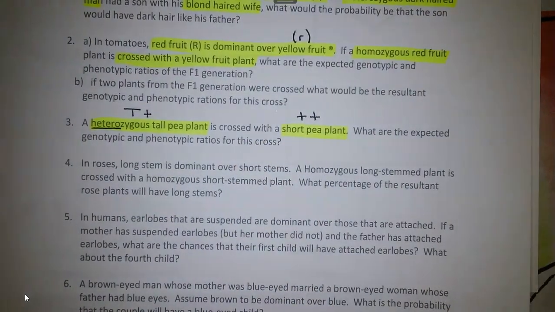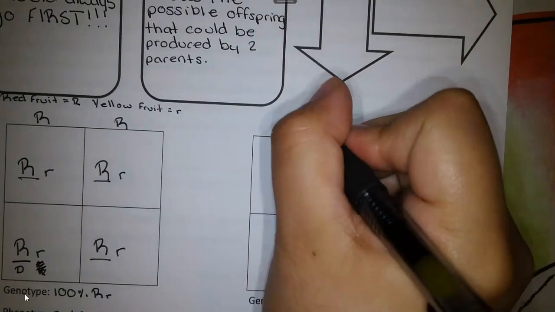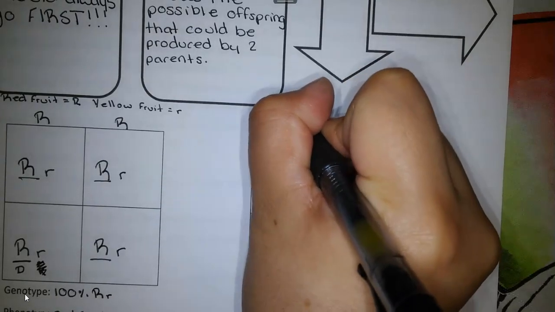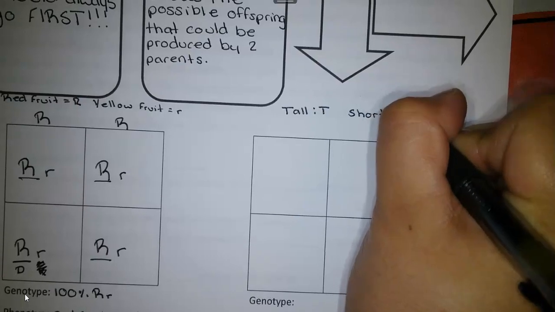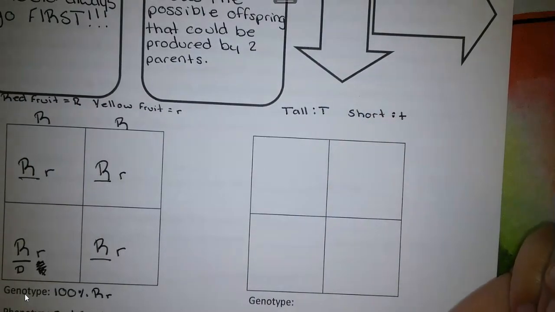So now I'm going to move that to our Punnett square. And I'm going to have you do the rest. So tall, that's going to be capital T. And short, it's going to be lowercase t.